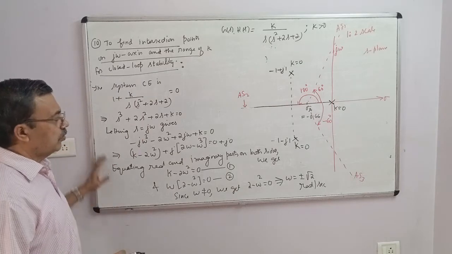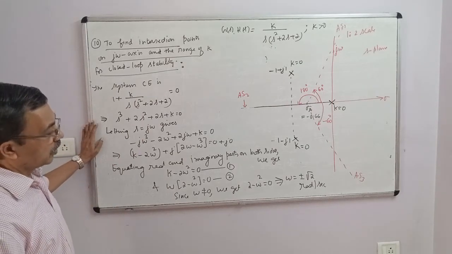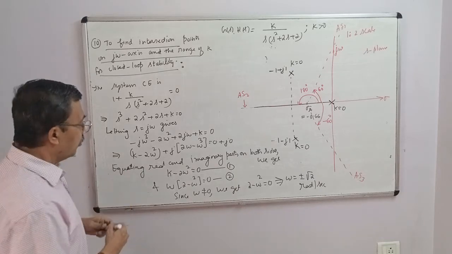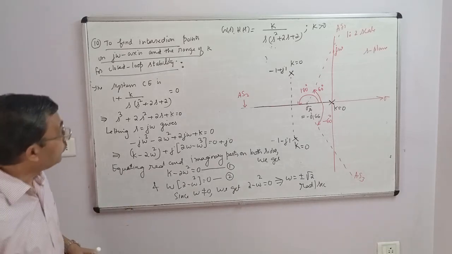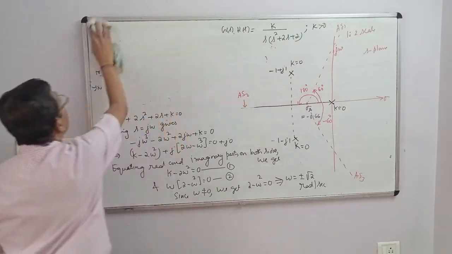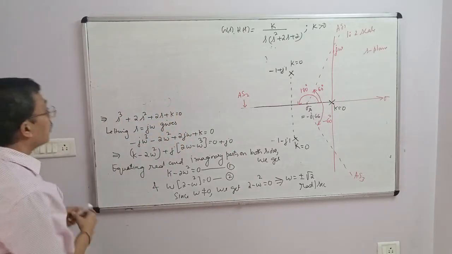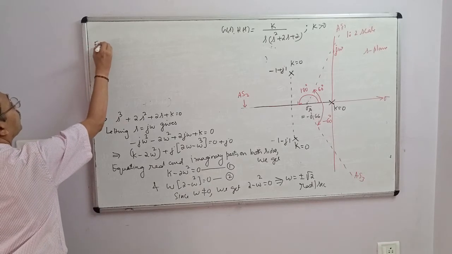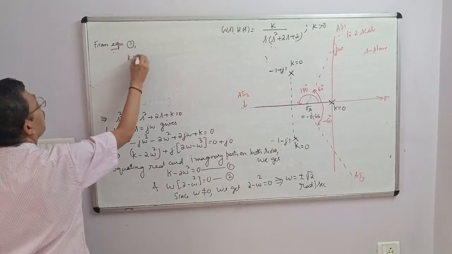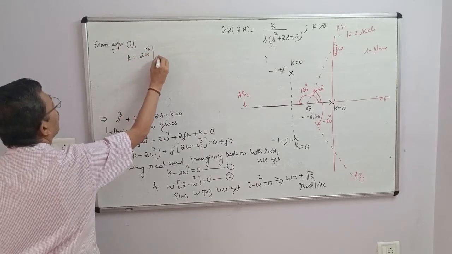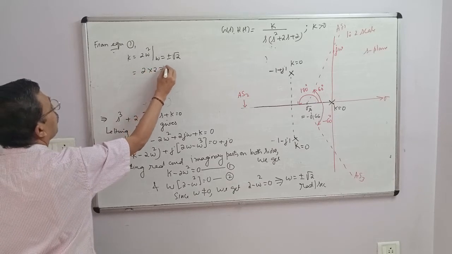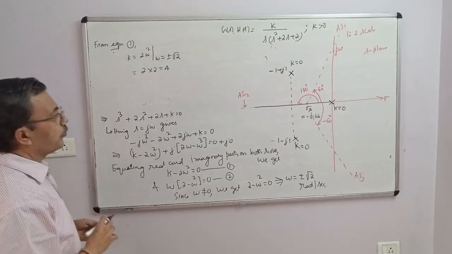From equation 1, k is equal to 2 omega square. Omega equals what? Plus minus root 2. So 2 into 2 is equal to 4.